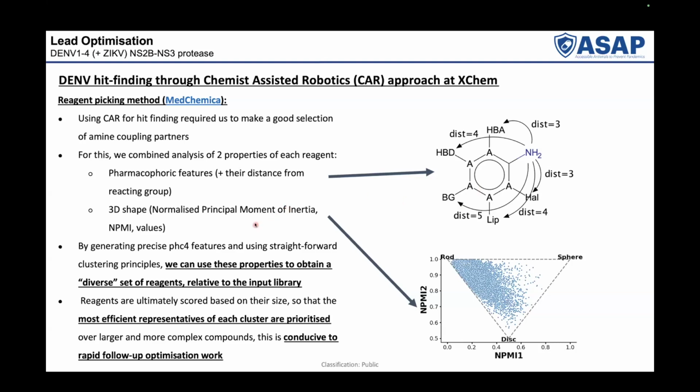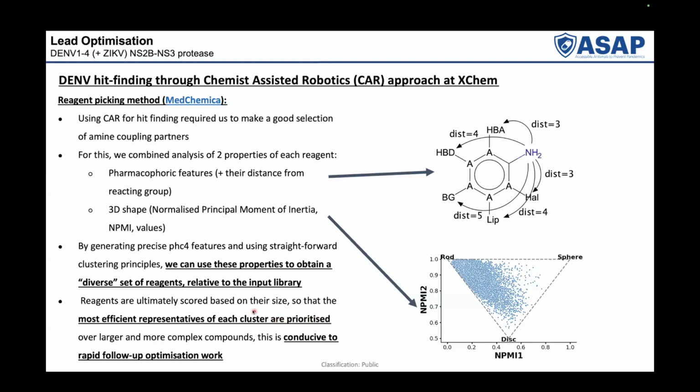And then the other one they used, of course, was the shape, where they try to cluster these building blocks by their shape, and you can see this plot here with some of the distribution. The idea was then to sample from that distribution to get different versions of the shape of these building blocks.